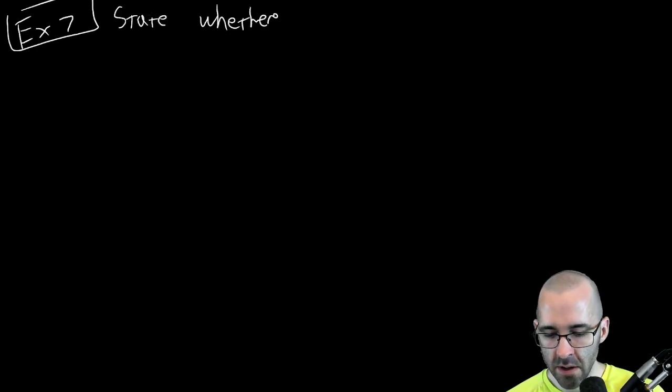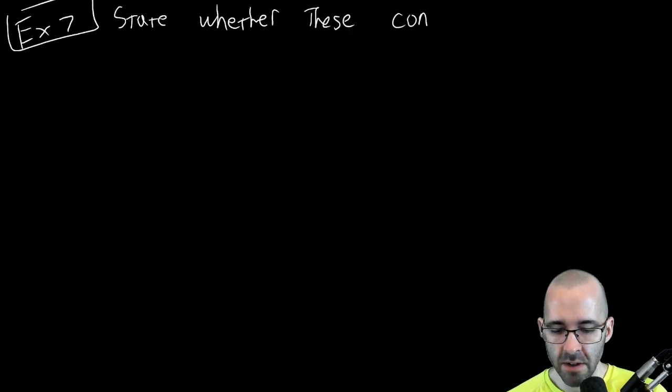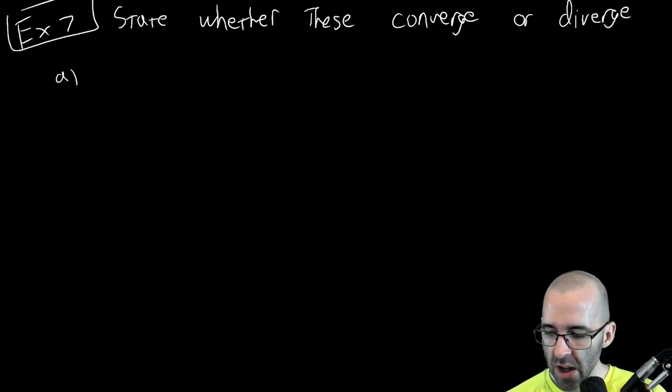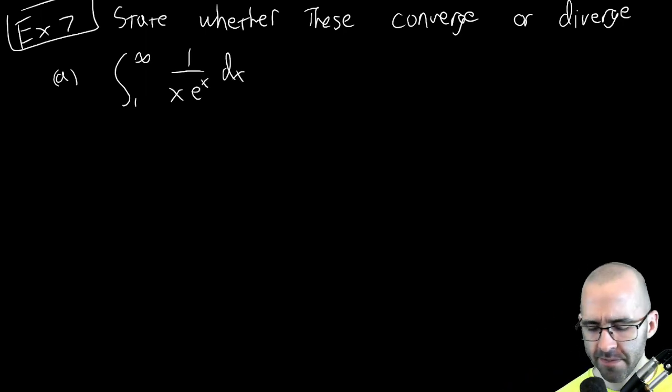Example 7. State, don't have to calculate it, whether these converge or diverge. Part A, integral from 1 to infinity of 1 over x e to the x dx.